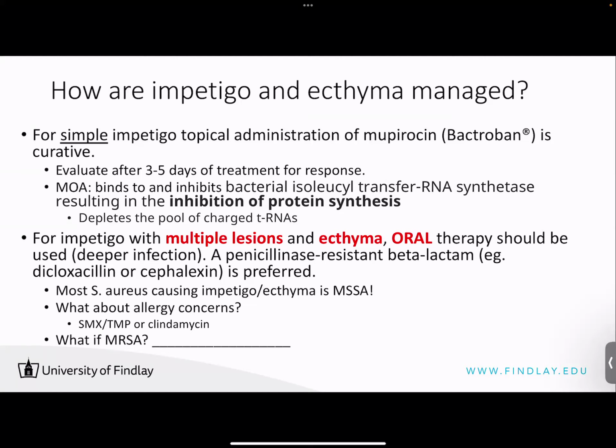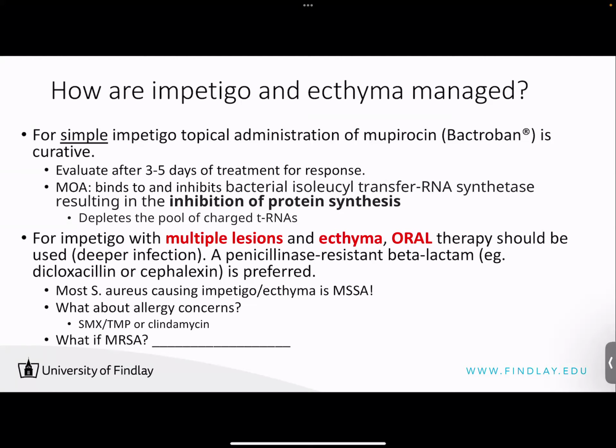If you have an individual that has multiple areas of impetigo, I doubt that covering the whole face with mupirocin is going to be a good idea. And that's where you may choose to go with oral antibiotics in addition to mupirocin.